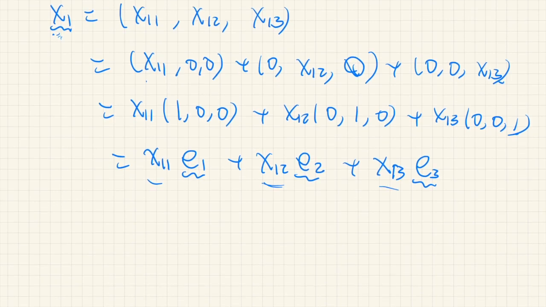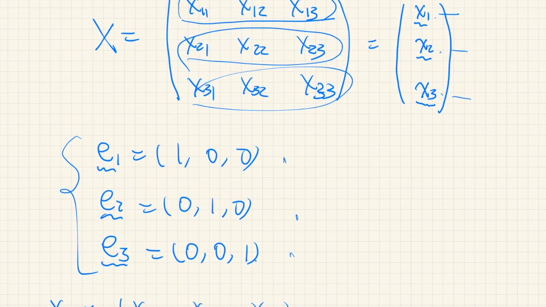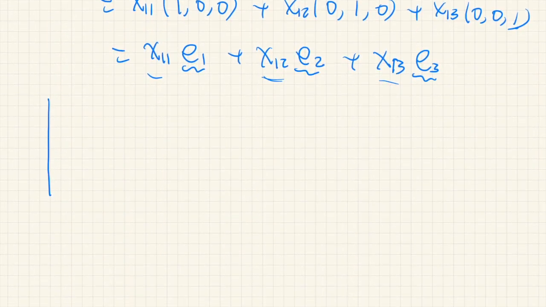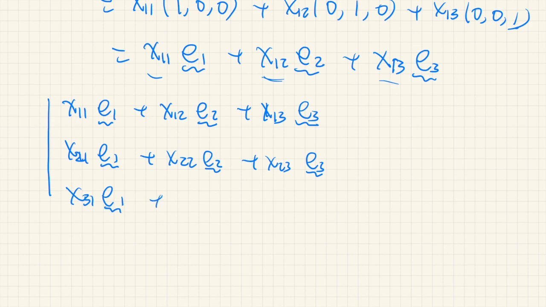Now, using such expressions, let's simplify the determinant of this matrix X. The determinant of this matrix can be written like this: x11 e1 + x12 e2 + x13 e3 in the first row, x21 e1 + x22 e2 + x23 e3 in the second, and x31 e1 + x32 e2 + x33 e3 in the third.